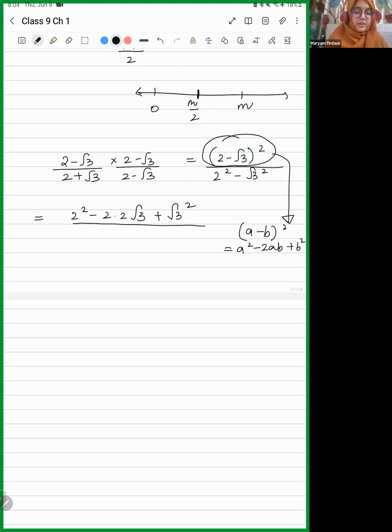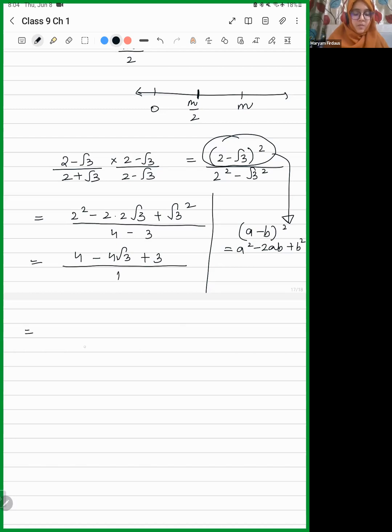Okay, then the denominator becomes 4 minus 3, and the numerator becomes 4 minus 4 root 3 plus 3. And the denominator is 1.